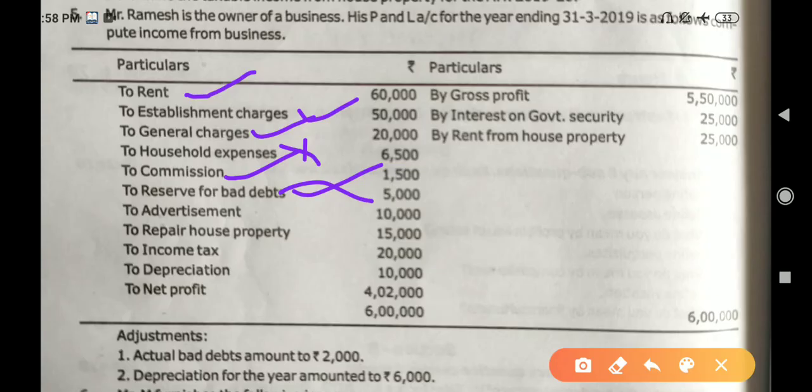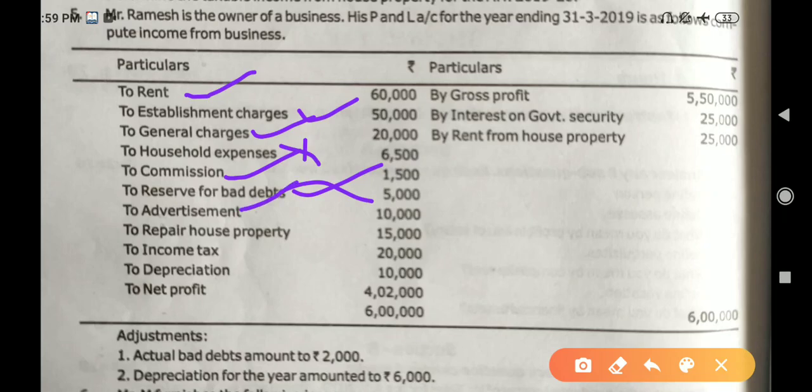Then advertisement. Advertisement is admissible unless the advertisement expenses relate to a political party or something similar, in which case it has to be considered inadmissible. So advertisement is admissible now.